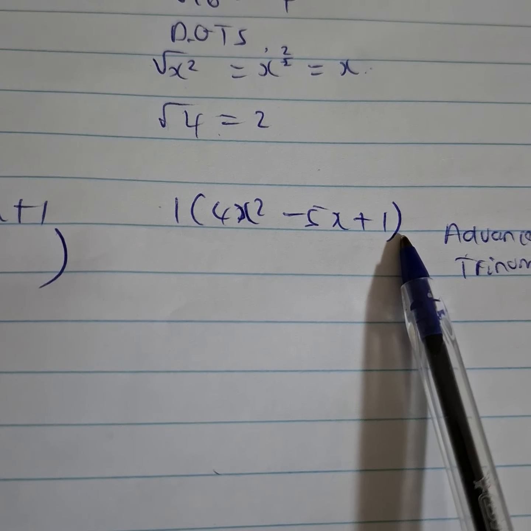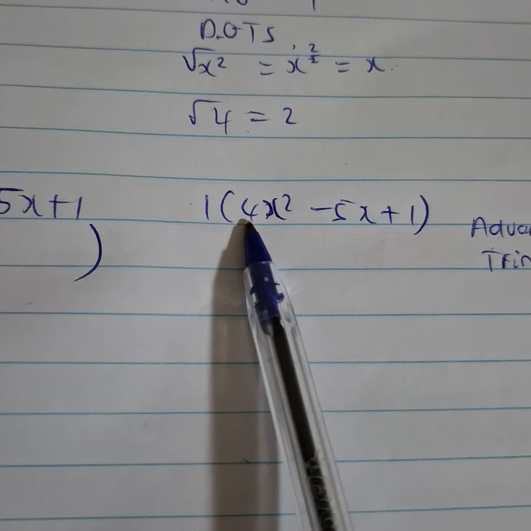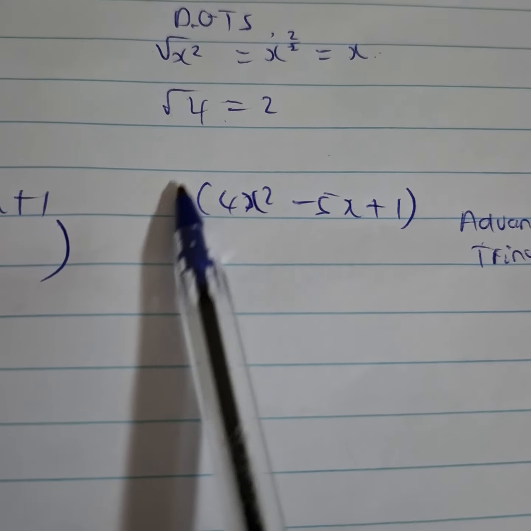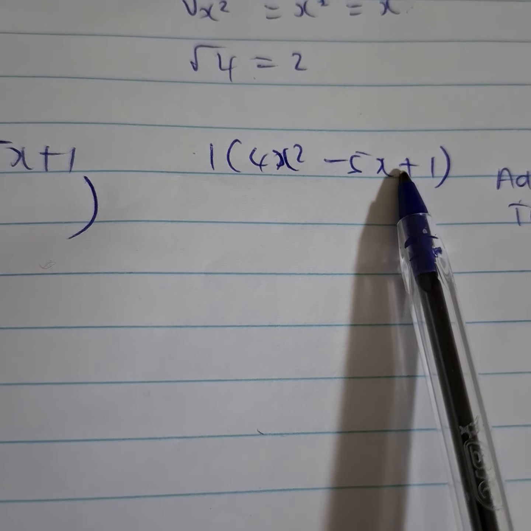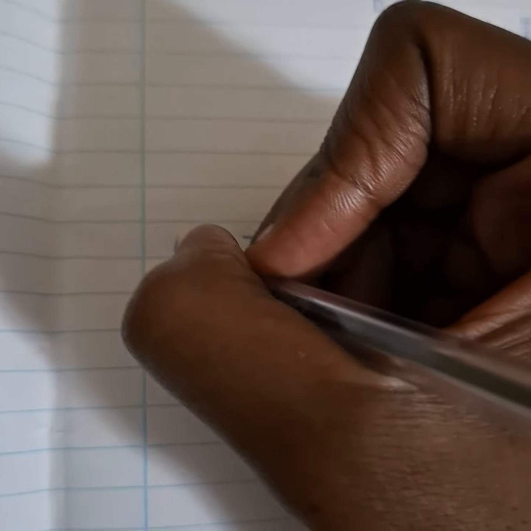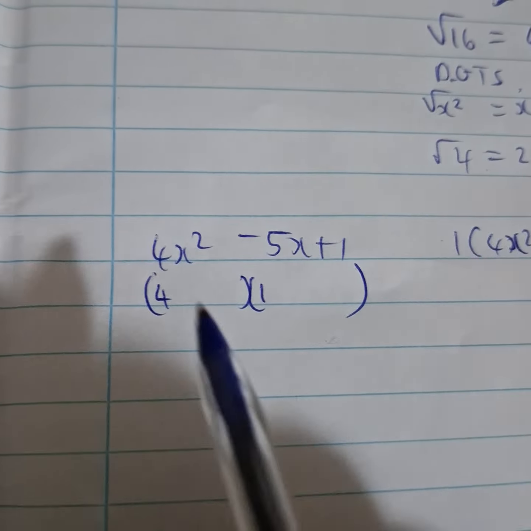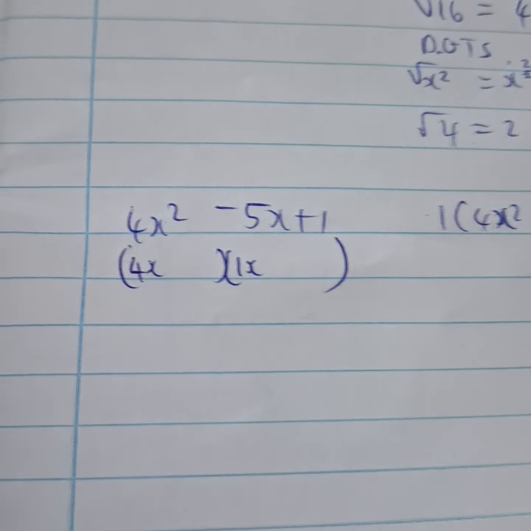What we need to check is an interplay of factors of 4 and factors of 1 which, when I add everything together, give me negative 5x for my middle term. So I strategically think of factors of 4, so that is 4 and 1, and my x term would be x squared.